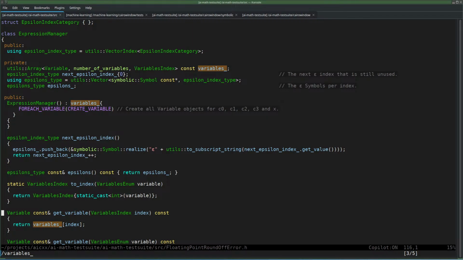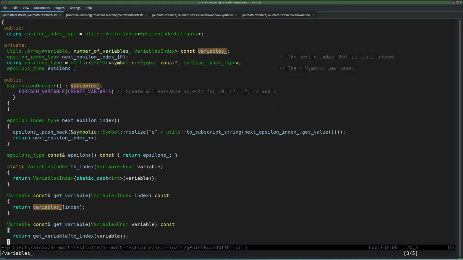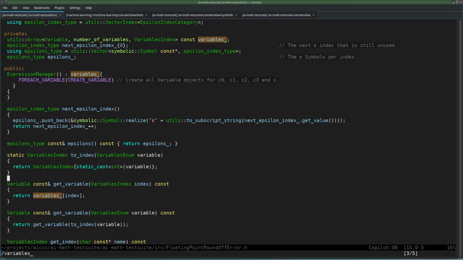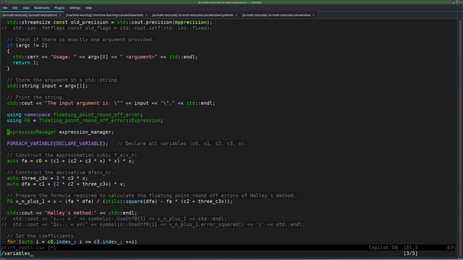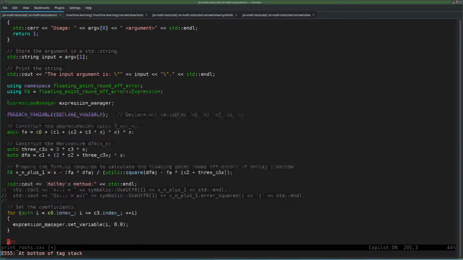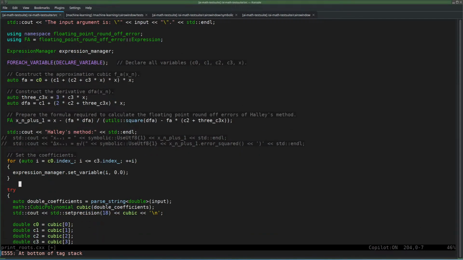It gives me a variable thingy. I can use this. So I'm gonna do get variable. Maybe we should add a set variable, now I think about it.